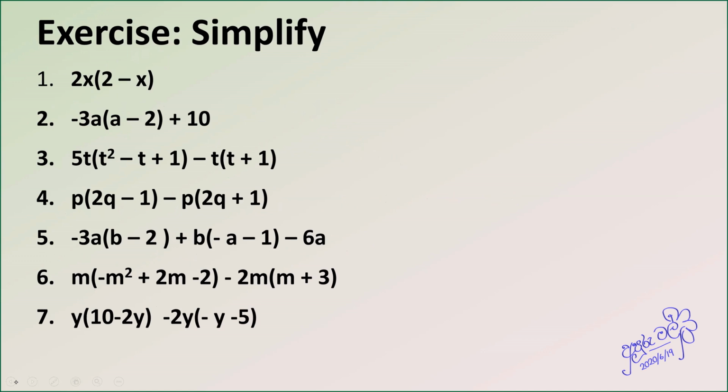So take your time, multiply these expressions and simplify and get the simplest answer. Please remember to use parentheses when multiplying numbers or terms or anything. Here are the answers. Check whether you got these.